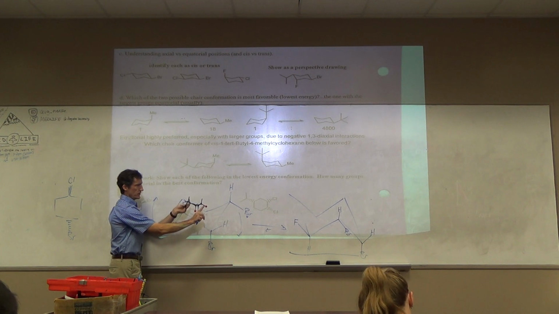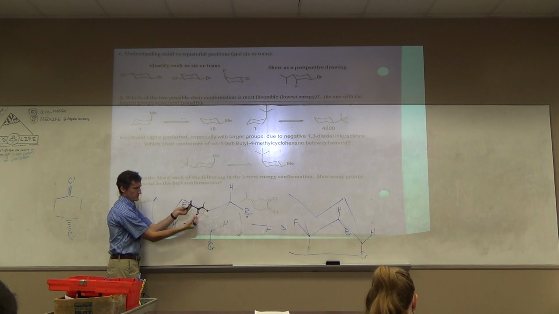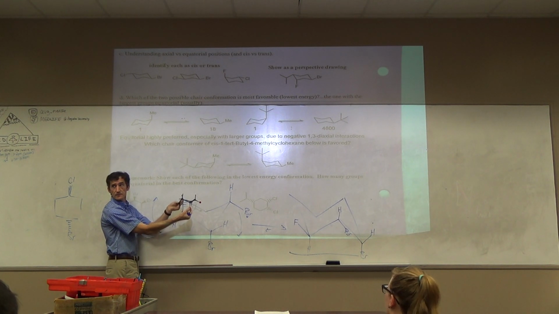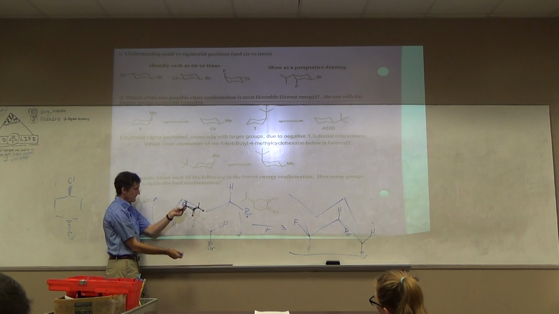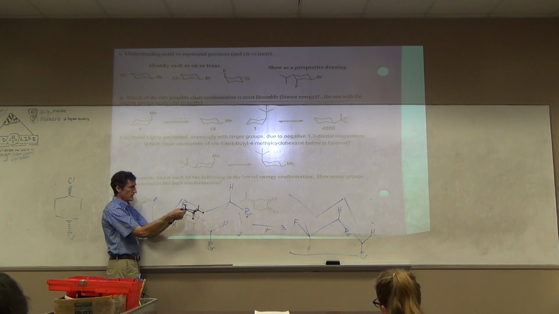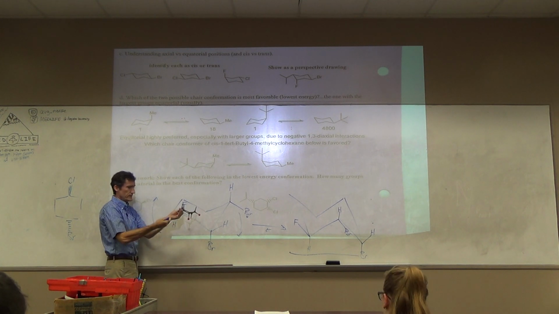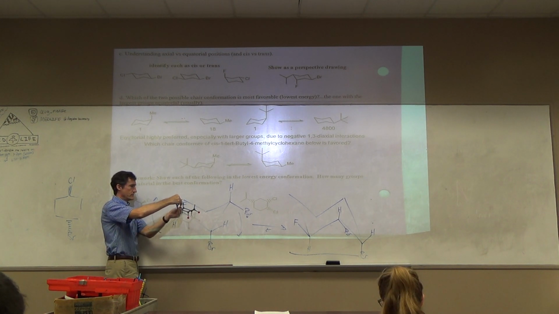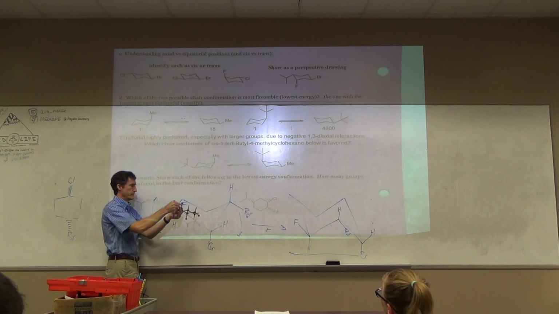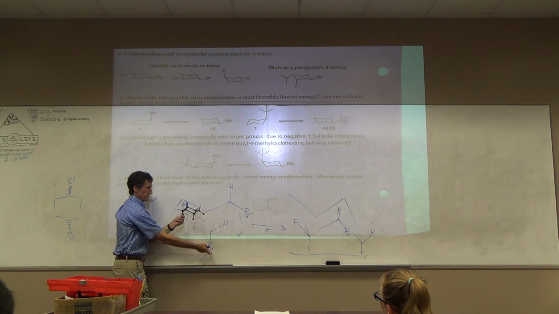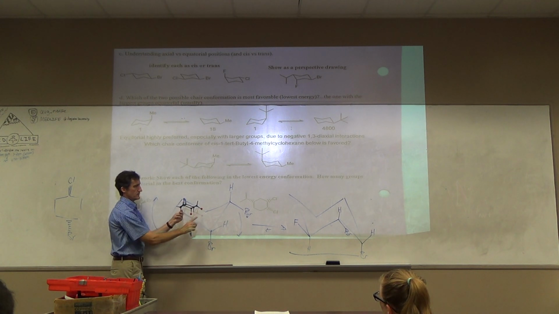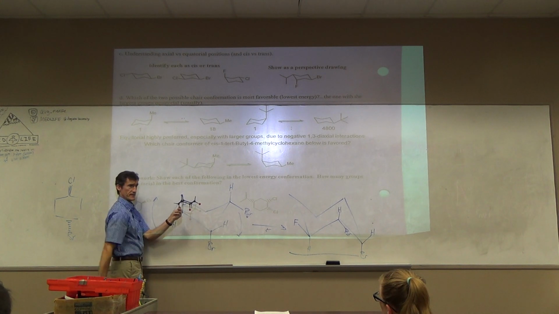That bromine is equatorial. This bromine is axial. Can you guys see that? Straight down. This fluorine over here, sitting right here. That's it on the board. See, that's straight up, and that's straight down, axial. But that bromine is equatorial. Can you guys see that?